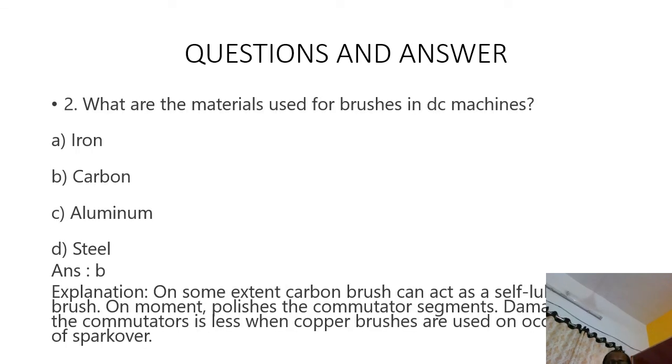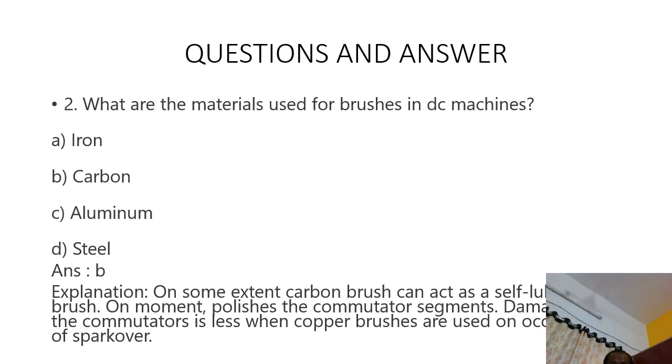What is the material used for brushes in a DC machine? I already discussed the parts of the DC generator: brushes and bearings, commutator and commutator segments. In the case of lap winding, the number of parallel paths is equal to the number of brushes, positive or negative polarity. But here, the material used for brushes is carbon.